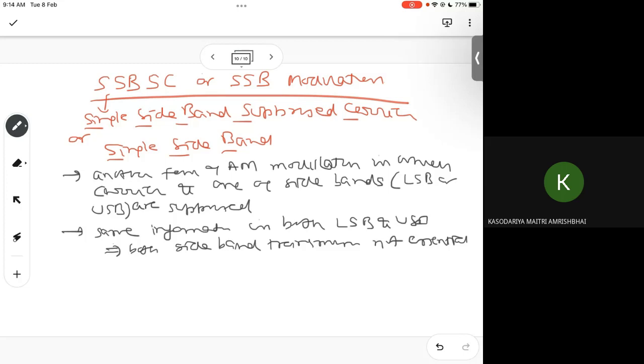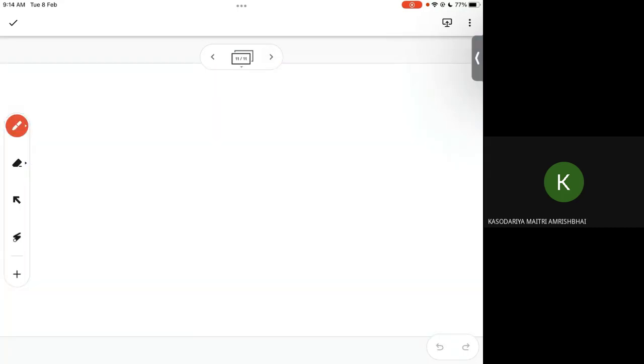So in this case, what will happen to my bandwidth and what will happen to my other parameters? Let's talk about the bandwidth. What is the bandwidth of the SSB signal?